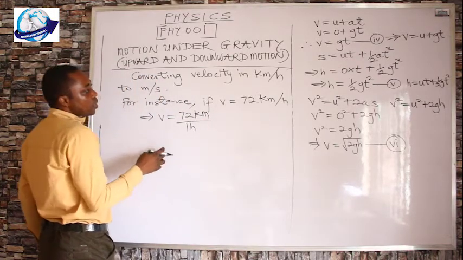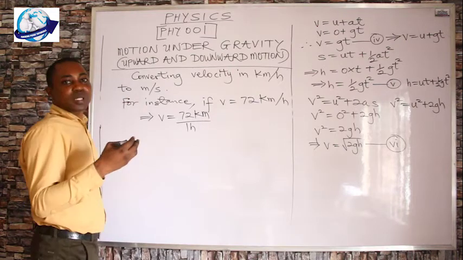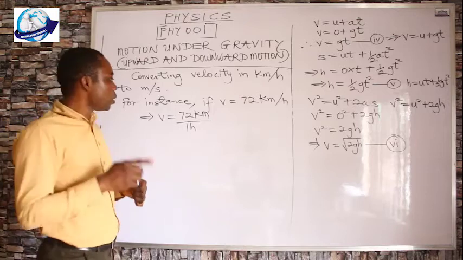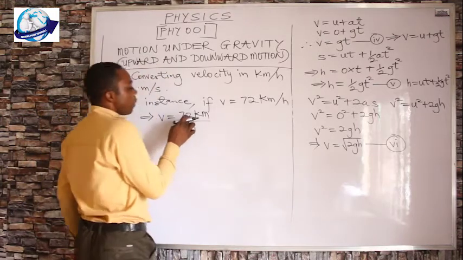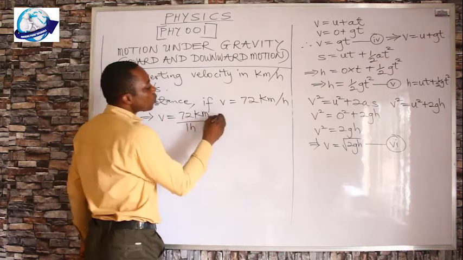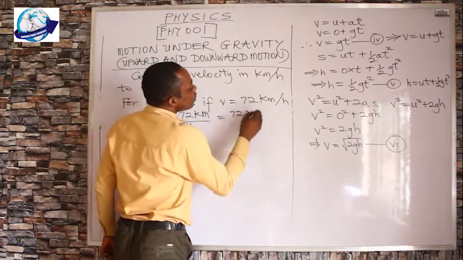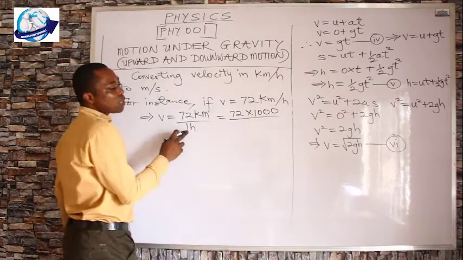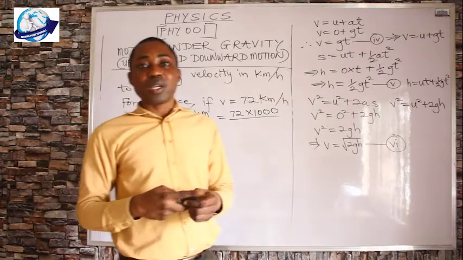But remember, how many meters make 1 kilometer? 1,000 meters make 1 kilometer. So you will have to multiply 72 kilometers by 1,000. When you multiply, what you have now is 72 times 1,000 all over 1 hour, and then you change the hour to seconds.